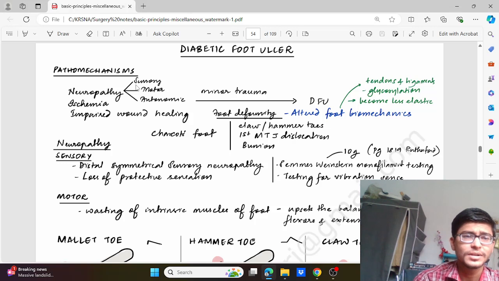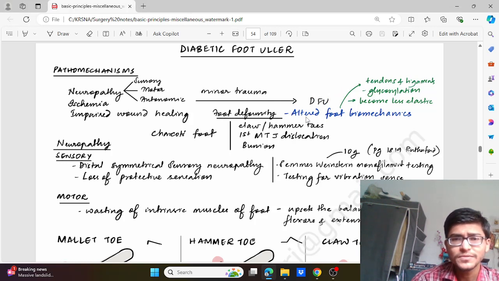So let's see the pathomechanism. There are three types of issues: neuropathy, ischemia and impaired wound healing. In neuropathy, we have sensory, motor and autonomic disturbances. All these result in minor trauma, and over time this results in a diabetic foot ulcer.